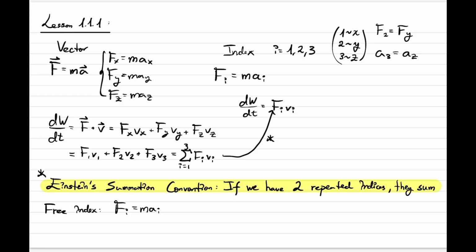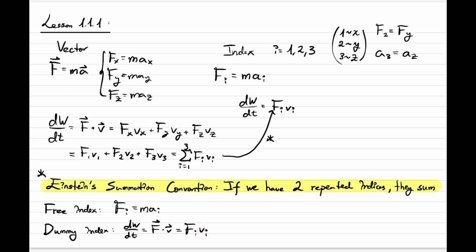However, here in this formula, this index is not free, it's summing. And remember the Einstein summation convention, there's really a big sigma before this expression. So this index is summing and it's not free.